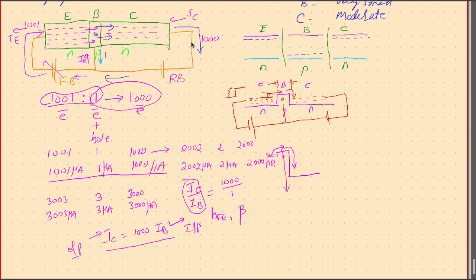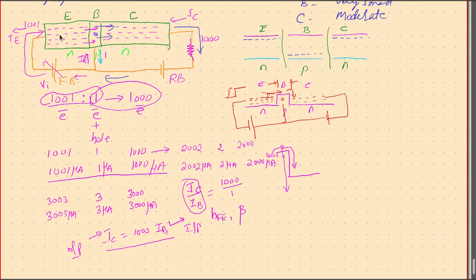Done. Now if we have some resistance on this path, and this voltage we call Vi, then because of this Vi, some current will be flowing, as we have seen in our PN junction.